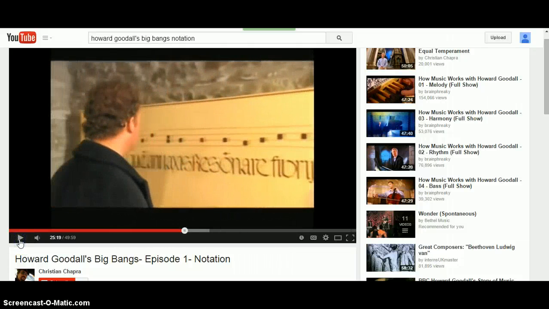I'm going to stop it here for a second. You notice the scale that he just sang was an actual scale in the Pythagorean tuning system. So as you listen to this, you will notice, and I said in the first video, the letters were reddened out, meaning that the first two letters are in red so that you can see ut, re, mi, fa, sol, la.